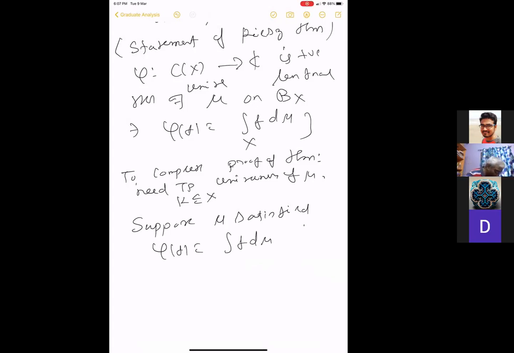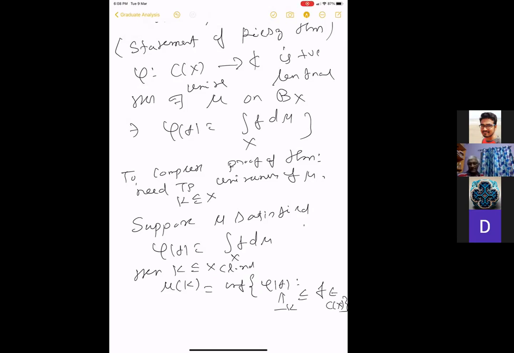Then mu of any closed set K contained in X equals the infimum of phi of f, where f is greater than or equal to the indicator function of K. This is the claim.